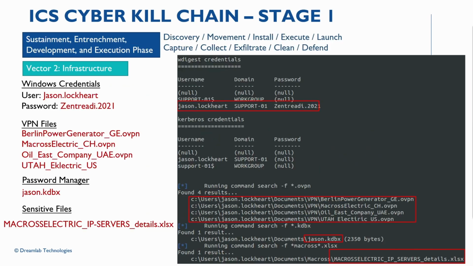And as we showed previously, we have a lot of information related to the victims. In this case, we have the Windows credentials, and we can see this person is working not only for Macros Electrics, but also for other power plant companies. And we can get, of course, some password manager like KeePass, and some sensitive files like details of the infrastructure.